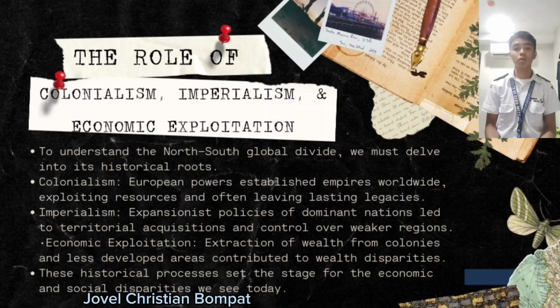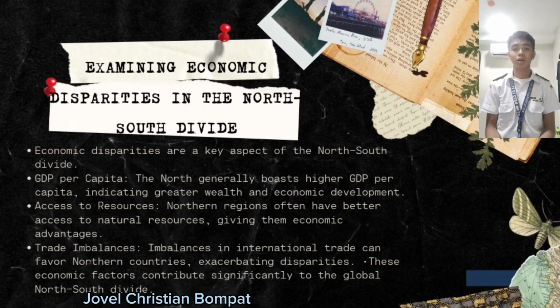Next is economic exploitation. Extraction of wealth from colonies and less developed areas contributed to wealth disparities. These historical processes set the stage for the economic and social disparities we see today. So, in the next slide, we'll be examining economic disparities in the North and South divide.